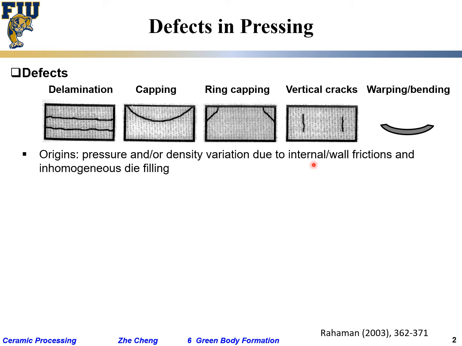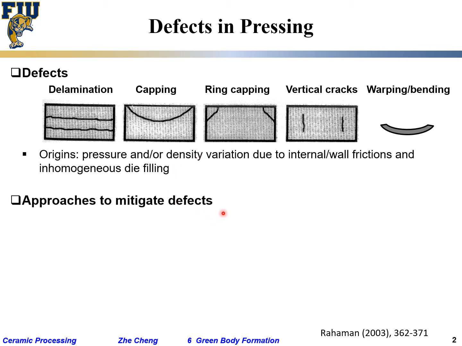And then the friction becomes high, and especially when you release it. And the other one, inhomogeneous die filling, that's why people try to use so-called granulated spray-dried powder, so that it allows the so-called flow capability, and hopefully you can start with more uniform packing. But pay attention to this defect. Appears simple, but you may got stuck in there for quite some time as I was a student.